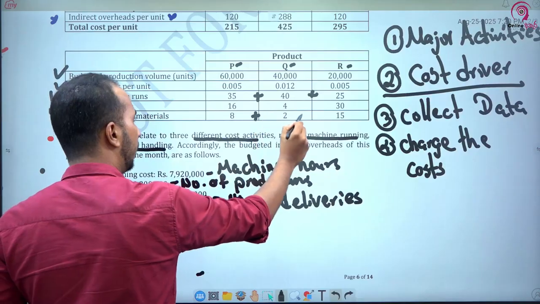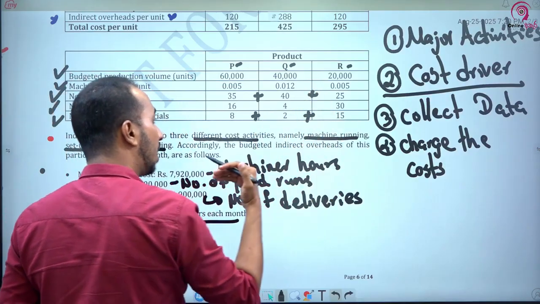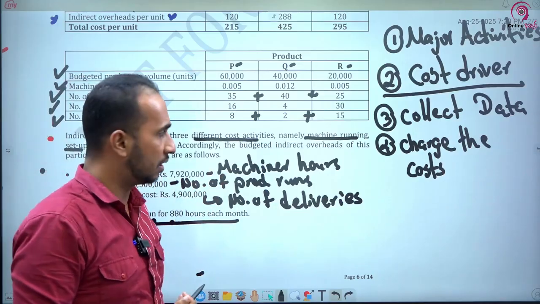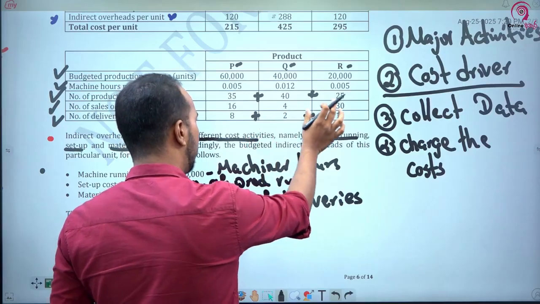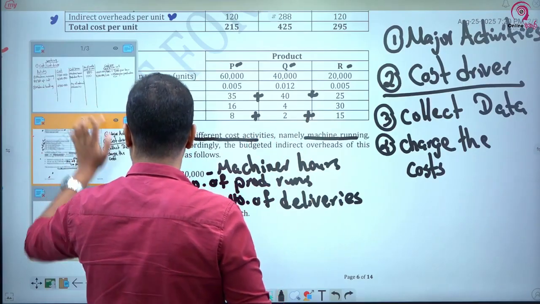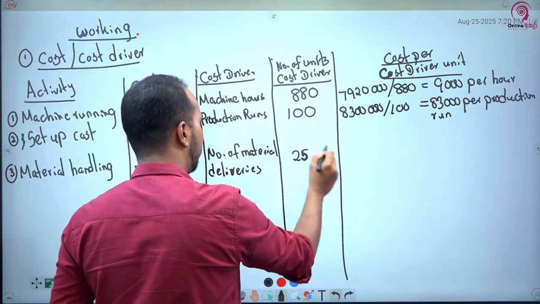For product Q, it is 2. For product R, it is 15. Product R is using the highest number of material deliveries. So what is the summation? 8 plus 2, 10. 10 plus 15, it is 25. So the total number of material deliveries, the cost driver, is 25.